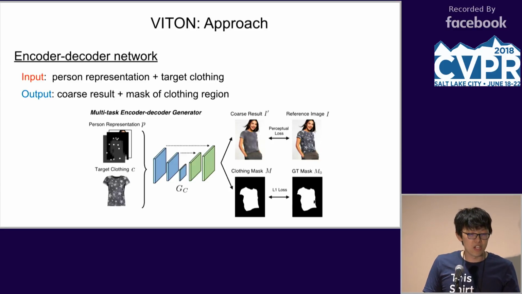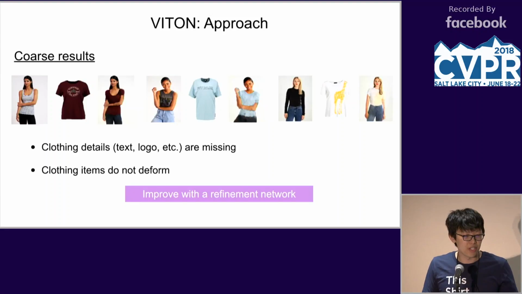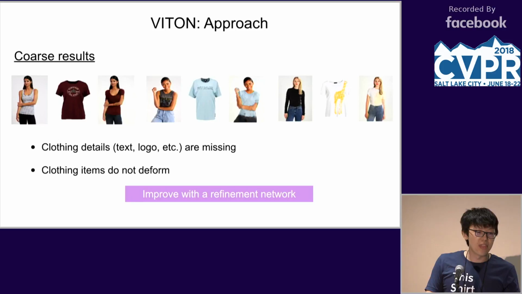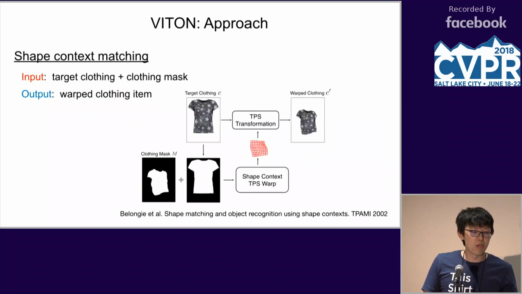But this result is not very satisfying as shown in these slides, because some details are missing, for example the text in the first example and the little yellow giraffe in the last example. That is because the encoder-decoder cannot model the geometry change of the cloth, and it has limited generalization property. So we use a refinement network to make the result more realistic.